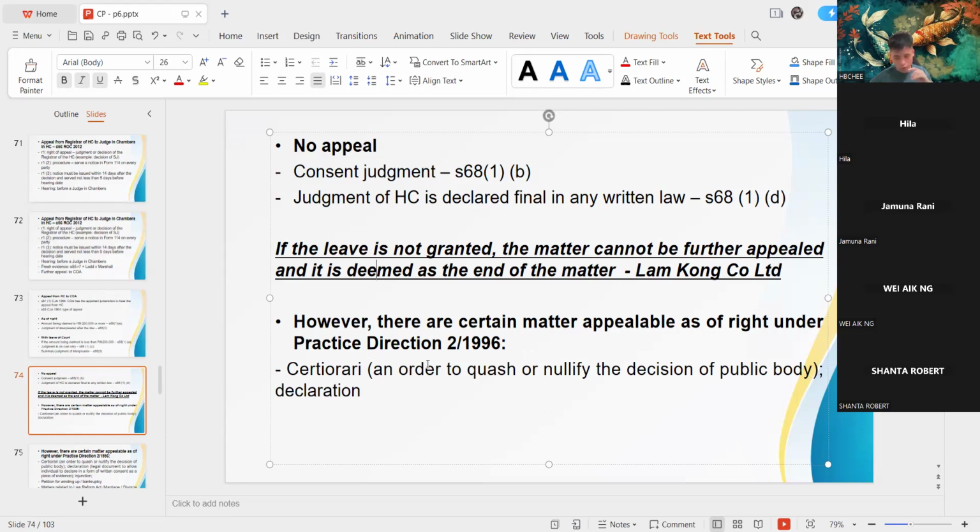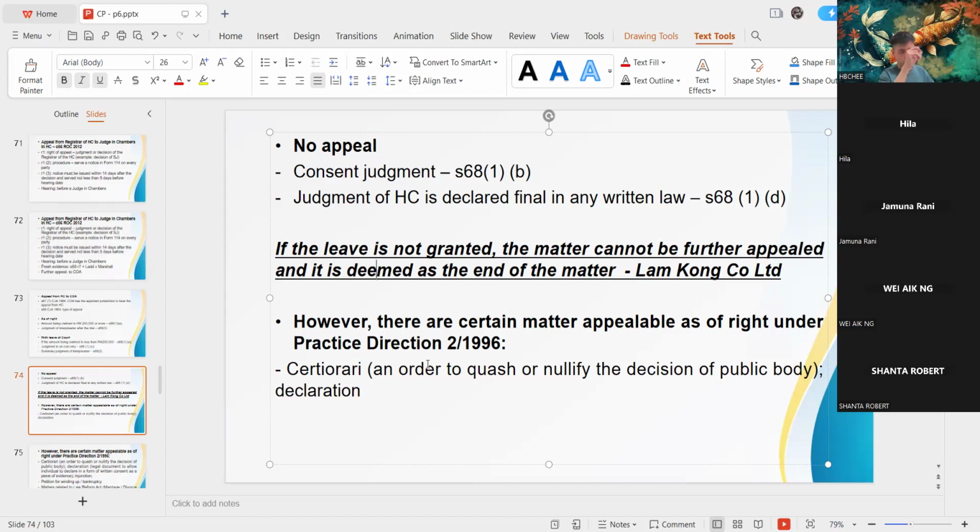To explain this further, it happened last year. The Malaysian Bar filed a notice for judicial review for Ahmad Zahid's case, and part of their relief is a certiorari.